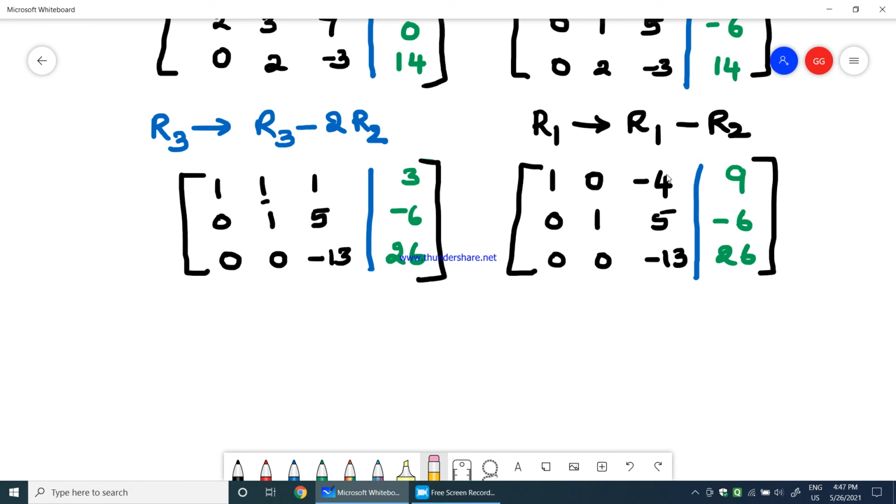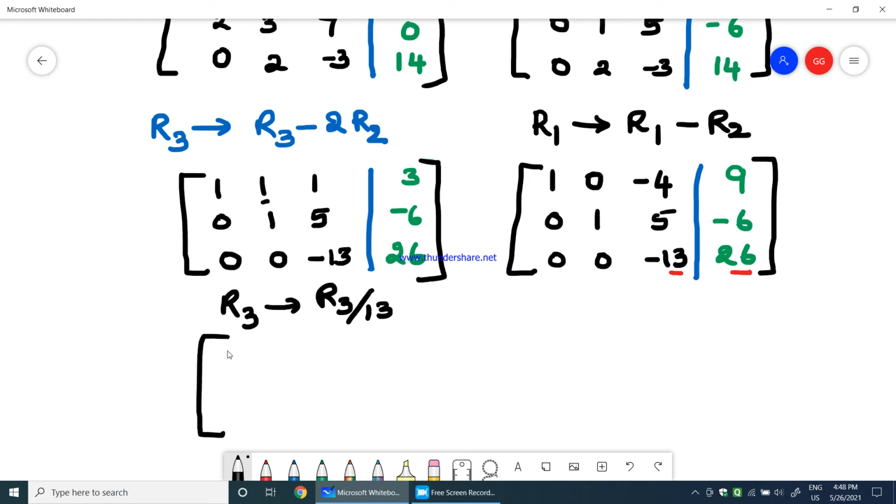Before making this 4 become 0, if we see this 13 and 26, I can easily divide the third row by 13. So first I'll do that. Row 3 will be equal to row 3 by 13. So what will I get?